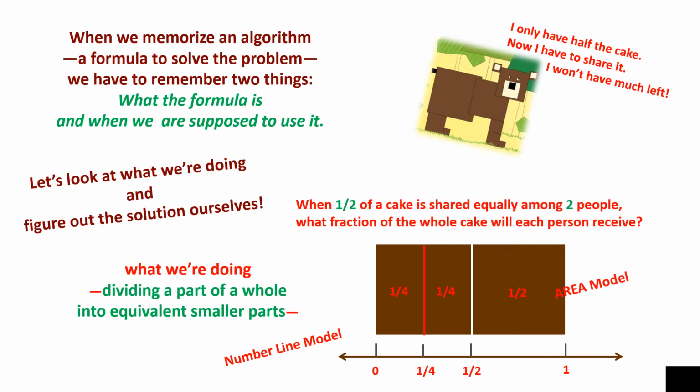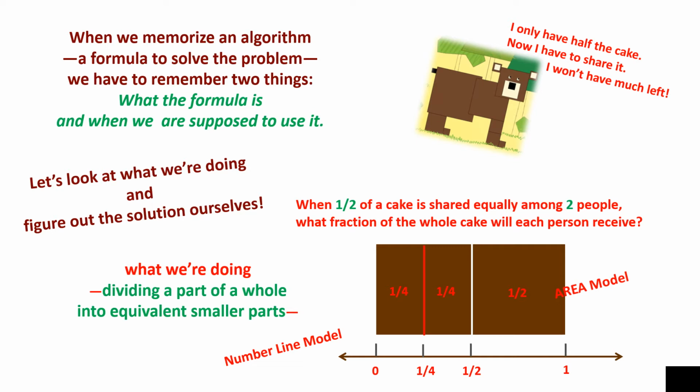Instead, let's look at what we're doing. Perhaps we can figure out the solution ourselves. So what are we doing here? We're dividing a part of a whole into equivalent smaller parts.